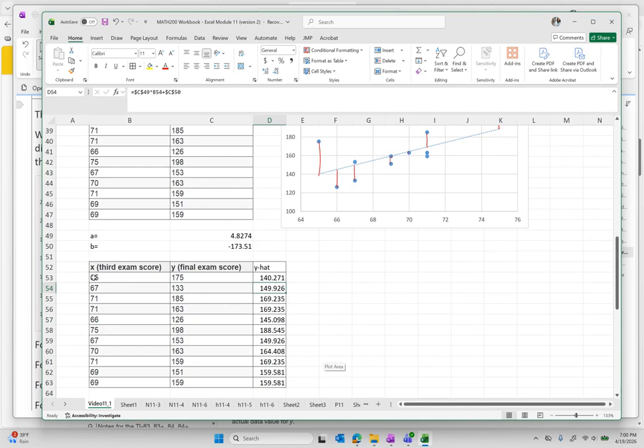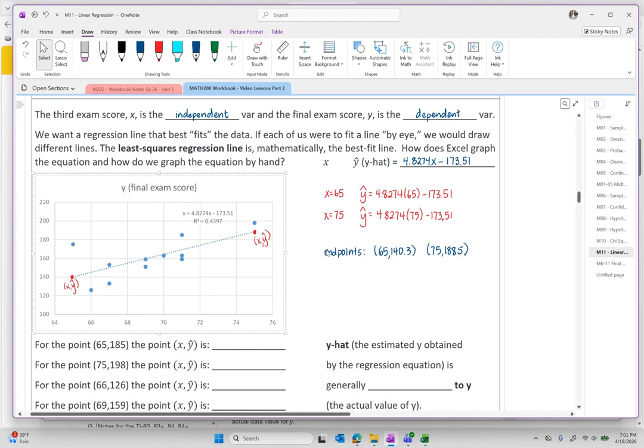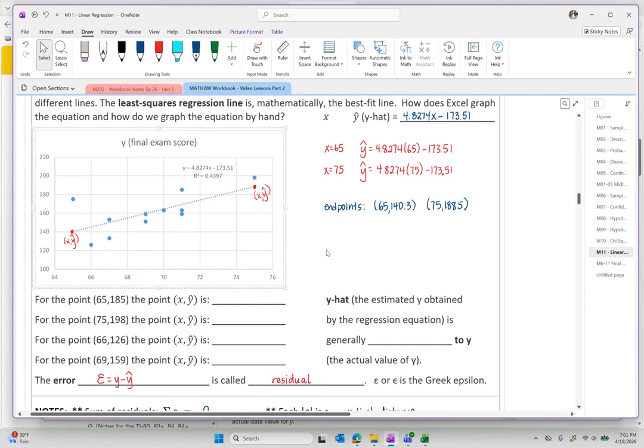I see, I was expecting x to be in ascending order, but it's not. I do have my first point with the minimum value of x being 65 and the y hat coming to 140.3, and I have the maximum value of x being 75 and the y hat being 188.5. So this is how Excel will design this line and how I would do it when they ask me how to sketch the line.